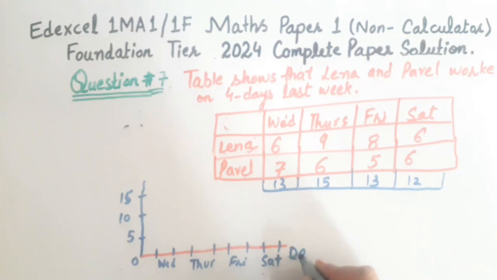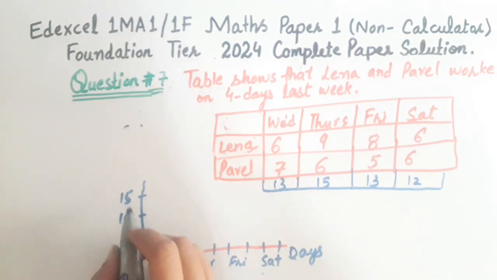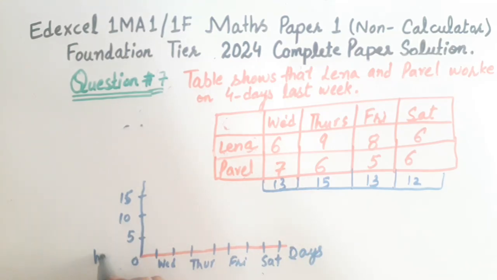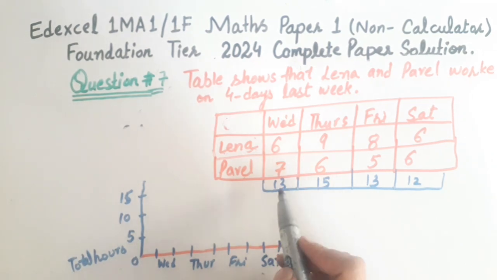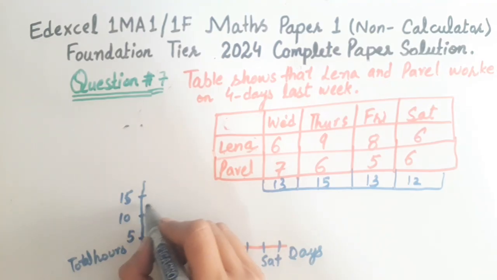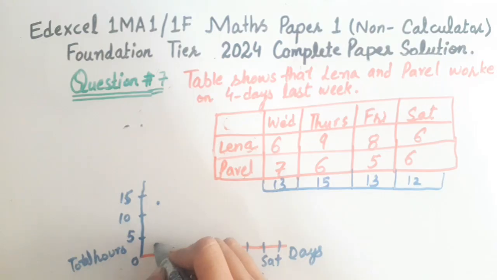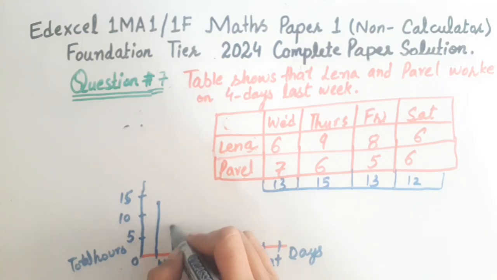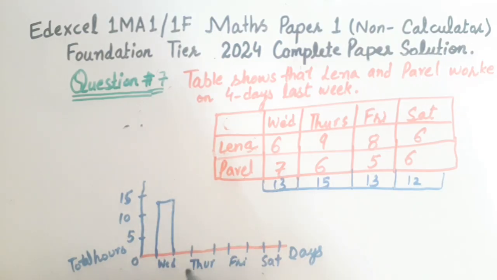These represent the days, and this side represents the total hours utilized in work. So on Wednesday the total is 13. So 13 will be between 10 and 15. Like suppose this is the 13. So we will draw this.